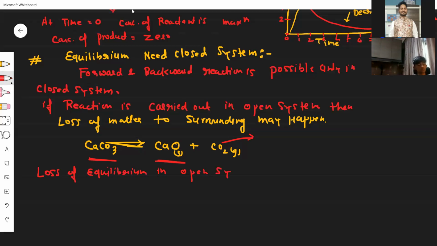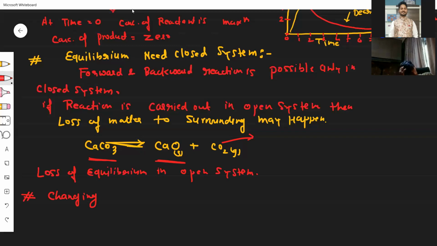Now we'll talk about a very important concept of this particular chapter. If you change your equilibrium, what is going to happen? Changing the position of equilibrium is very important. Then you will have more products than reactants or more reactants than products.